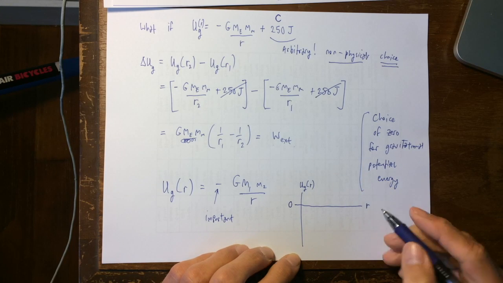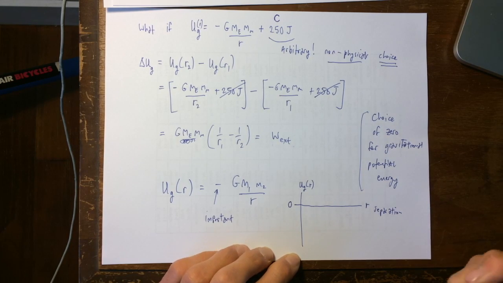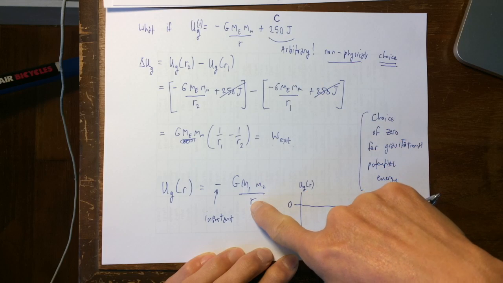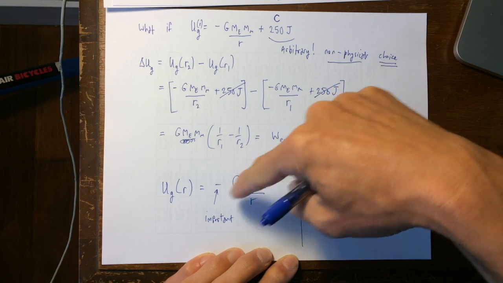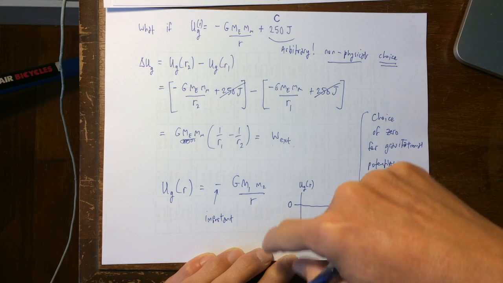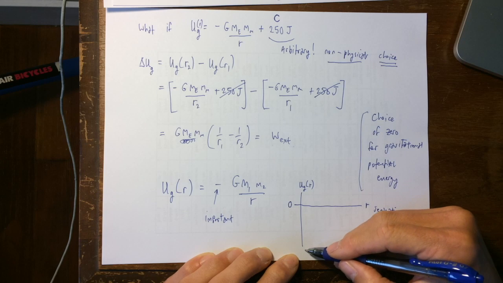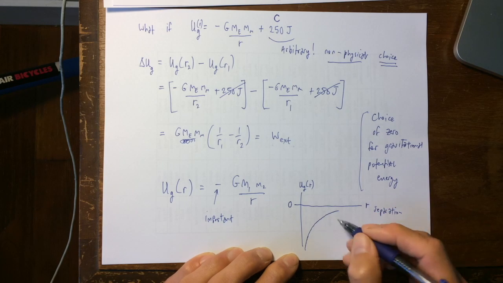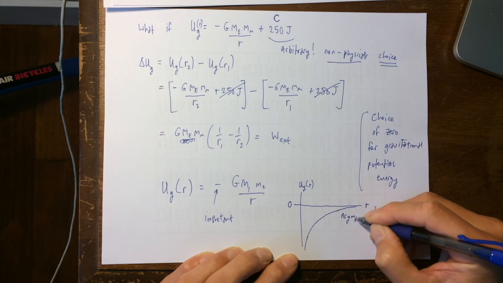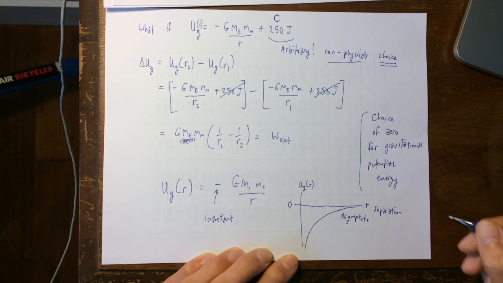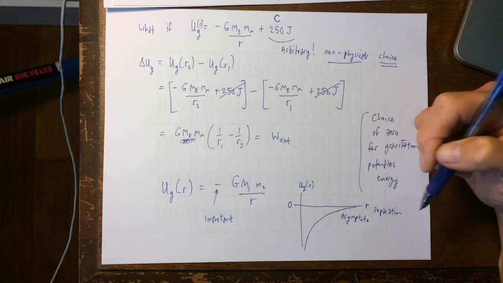The horizontal axis is separation distance. So the separation distance is here. Here are the mass values of the two objects whose potential energy, gravitational potential energy we're studying. That's the universal gravitational constant. And this graph looks like this. There is what's referred to as an asymptote. It has asymptotic value 0 as r goes to infinity.